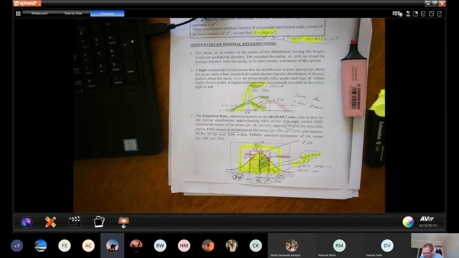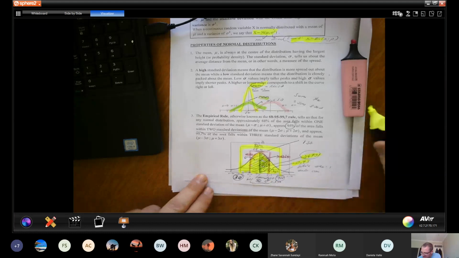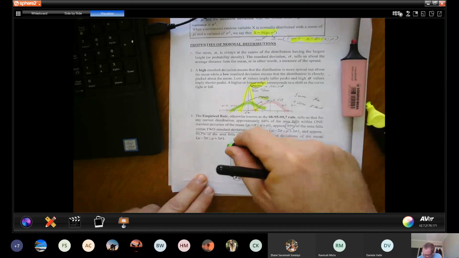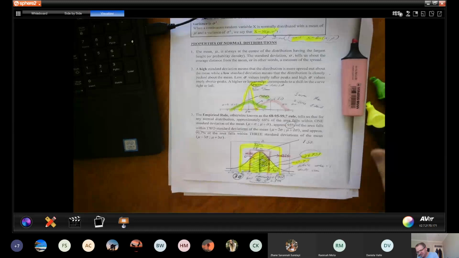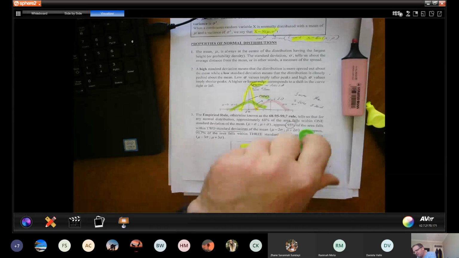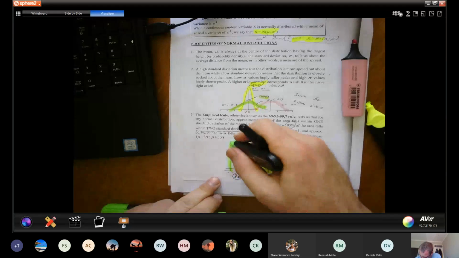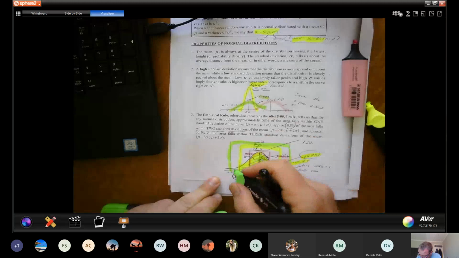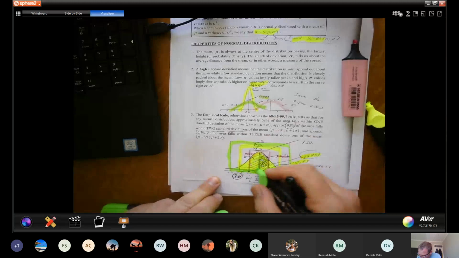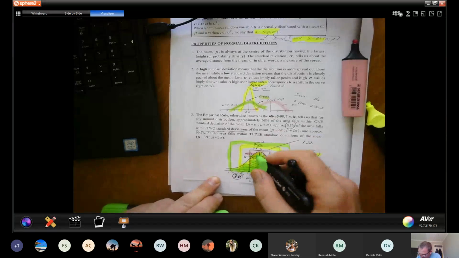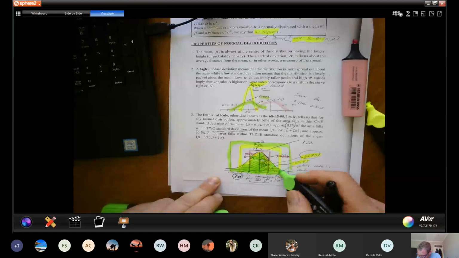Okay, and then the last one, the 3 standard deviation interval, just about everything. If something is normally distributed, just about everything will fall within 3 standard deviations of the mean. So, let me grab another pen. I would expect, in that region over here, in the green area, almost 100%. I think it's 99.7%.